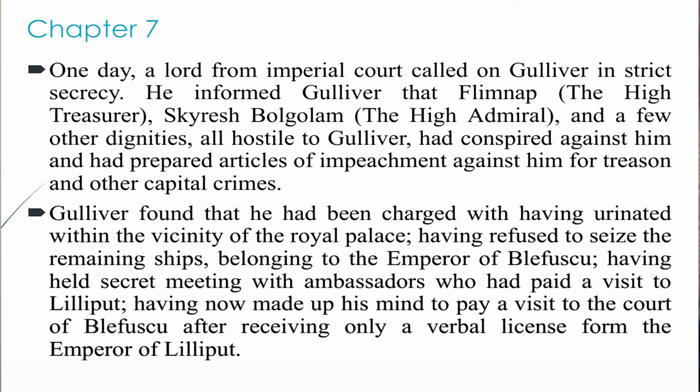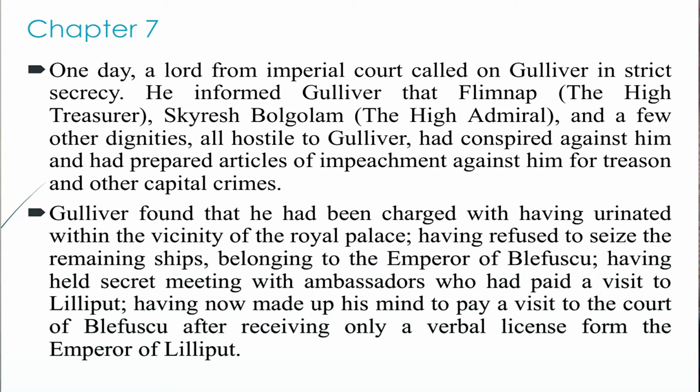Gulliver found that he had been charged with having urinated within the vicinity of the royal palace, having refused to seize the remaining ships belonging to the Emperor of Blefuscu, having held secret meetings with ambassadors who had paid a visit to Lilliput, and having now made up his mind to pay a visit to the court of Blefuscu after receiving only a verbal license from the Emperor of Lilliput.